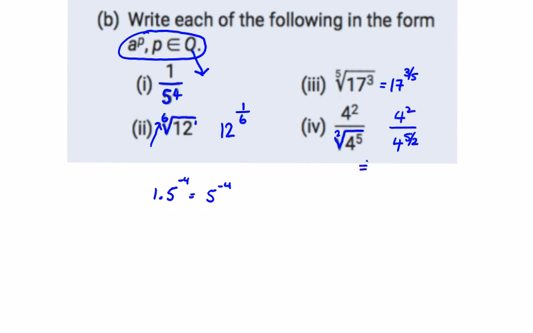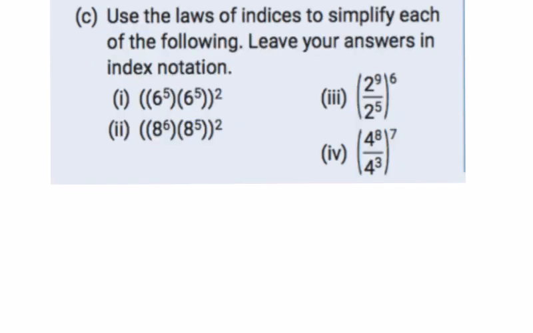If we apply our takeaway rules, that's going to become 4 to the power of 2 minus 2.5, if it's easier to see in decimal form, which is 4 to the power of minus a half, which is the same as 1 over 4 to the power of plus a half, which is 1 over the square root of 4, which is equal to 1 over 2. And if we want it as 2 to the power of p, we have to bring the 2 up. This is 2 to the power of minus 1, because there's a 1 here that we don't see.